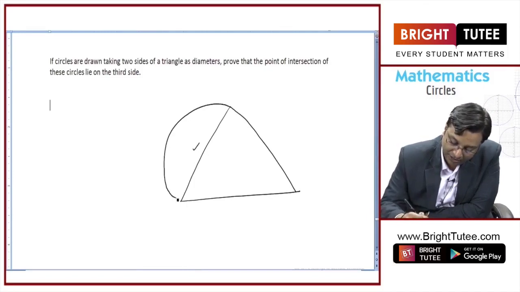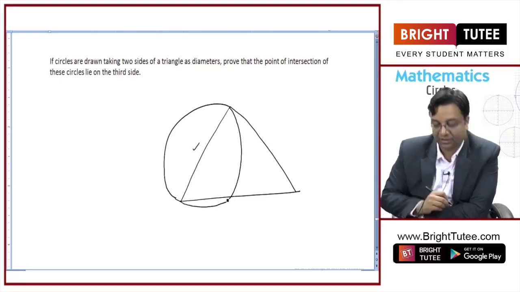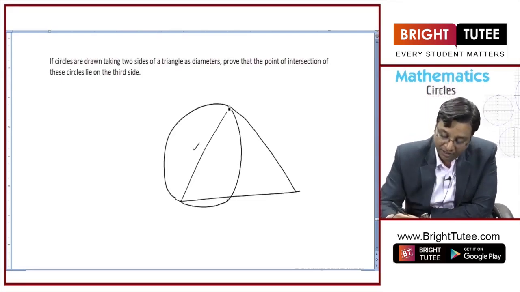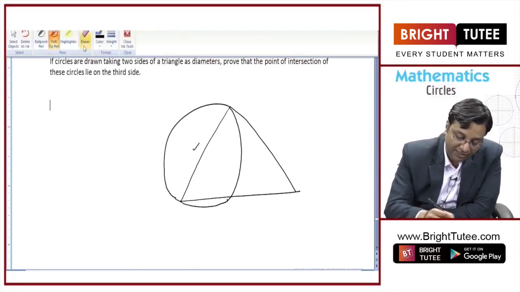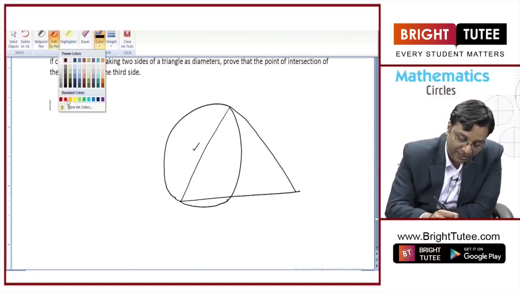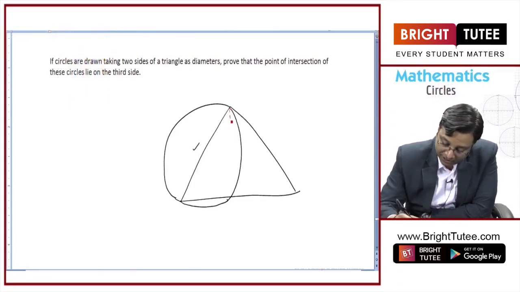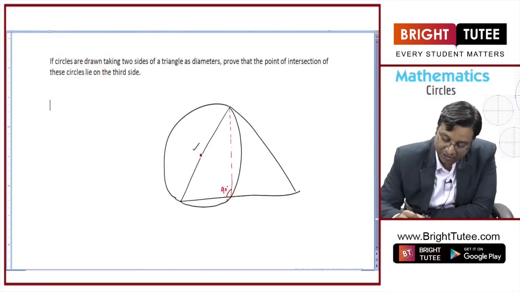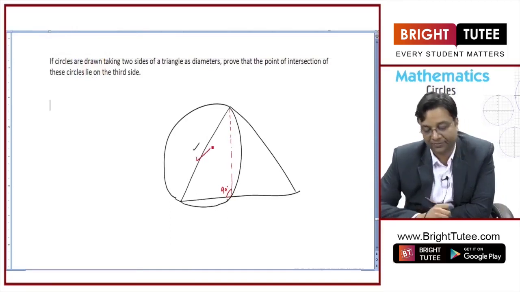So there will be this semicircle here, and to complete this circle, this is one circle with this diameter. I can already visualize that this angle here is 90 degrees because I am taking this as diameter.